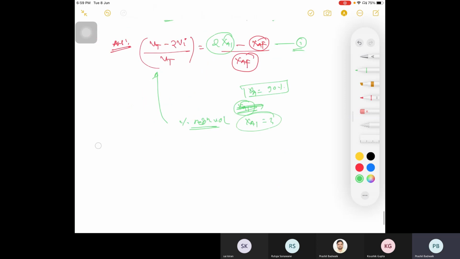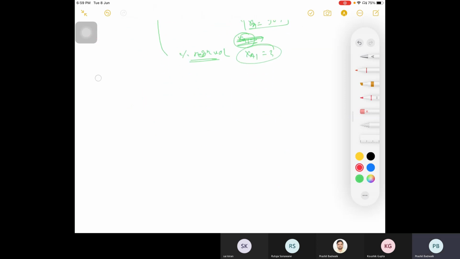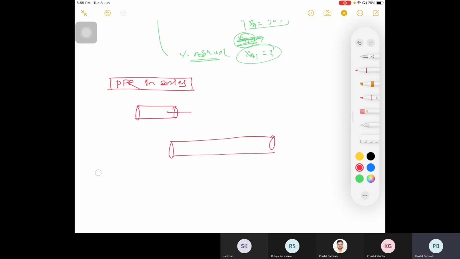Now we'll move on to PFR in series. Now you need to explain this topic to me, right? This is your single PFR. I'll write here, PFRs are connected in series.